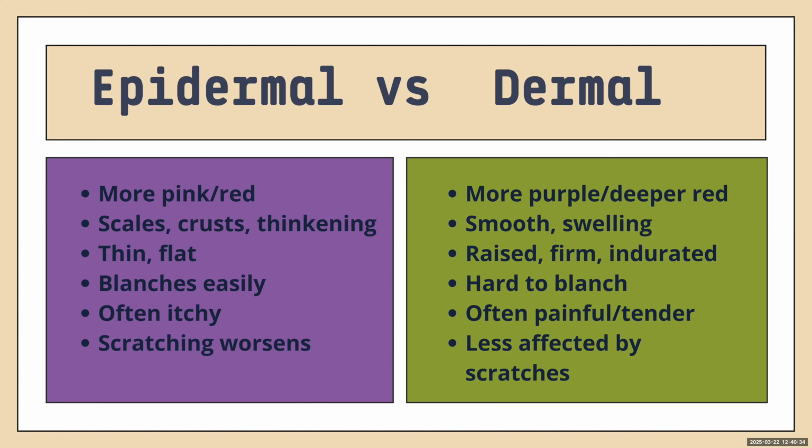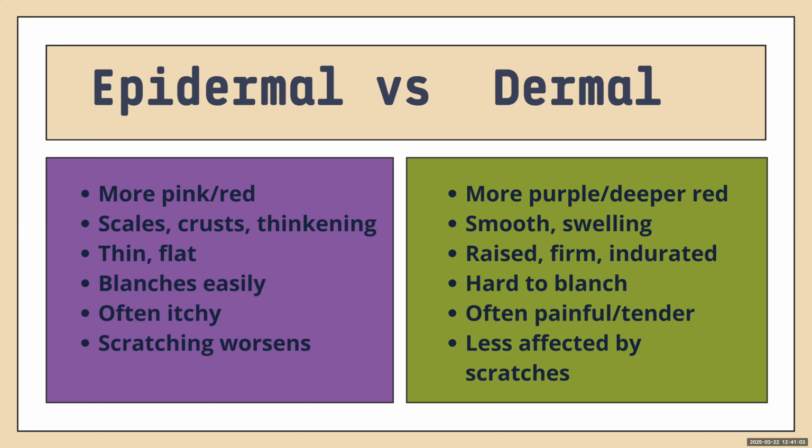Now, the next line, the third line, is palpability. Feel it. You have to feel the rash. Usually a dermal rash will be what we call indurated, which means thick. It feels thick when you pinch it. And the blanching, it's harder to blanch because it's deeper.